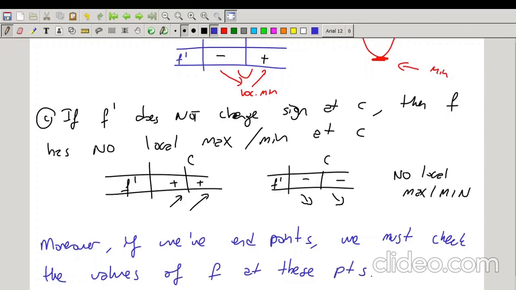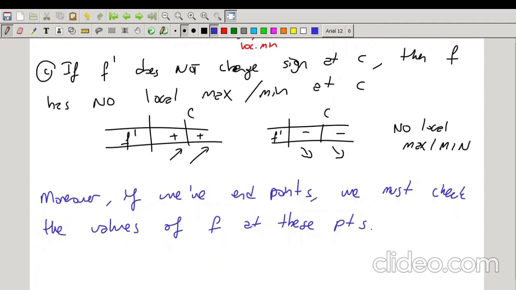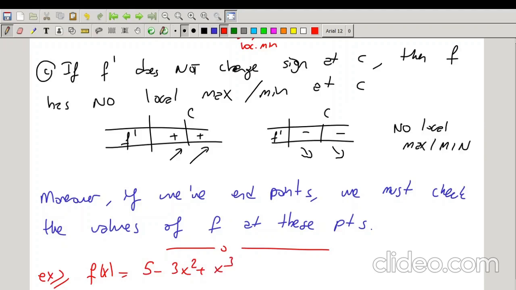So of course these are endpoints in the domain. Let me give you a simple example. f of x is 5 minus 3x squared plus x to the power 3.